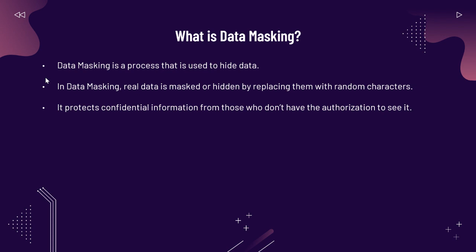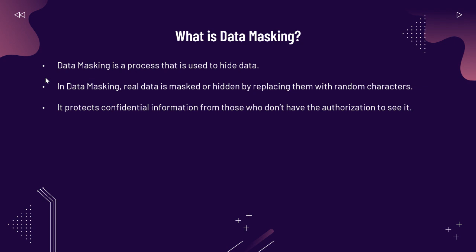So let's begin. What is data masking? Data masking is a process that is used to hide data. In data masking, real data is masked or hidden by replacing it with random characters. We replace it with a logical data set which will identify that particular object.